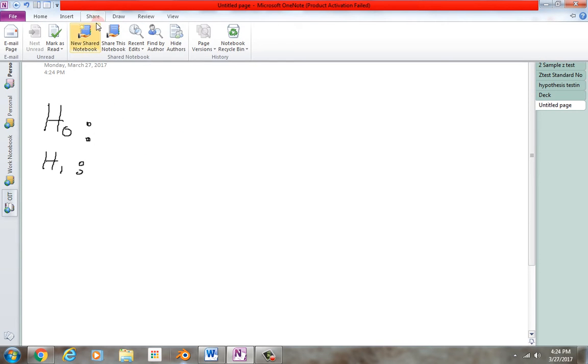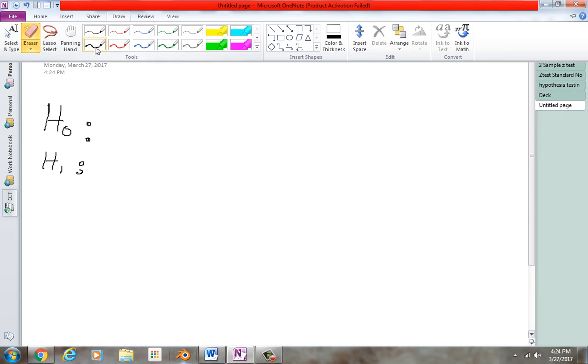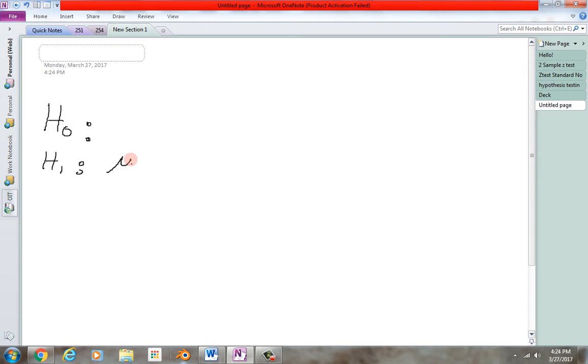As I said, I want to do the upper tail test. In the upper tail test, mu is greater than some value, and mu is less than or equal to some value. Again, the H naught always has the equals in it. The H1, the alternative, is the one that is not equal to, whether that's greater than or less than.